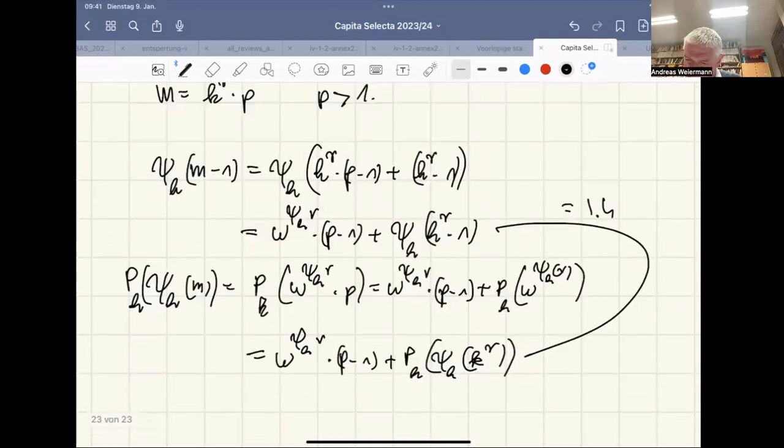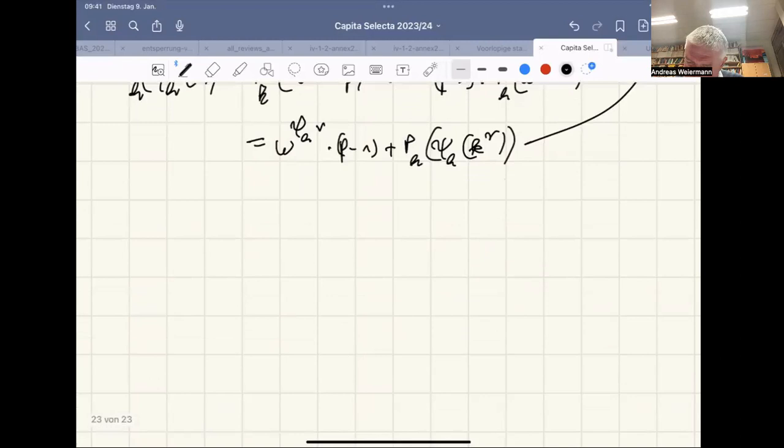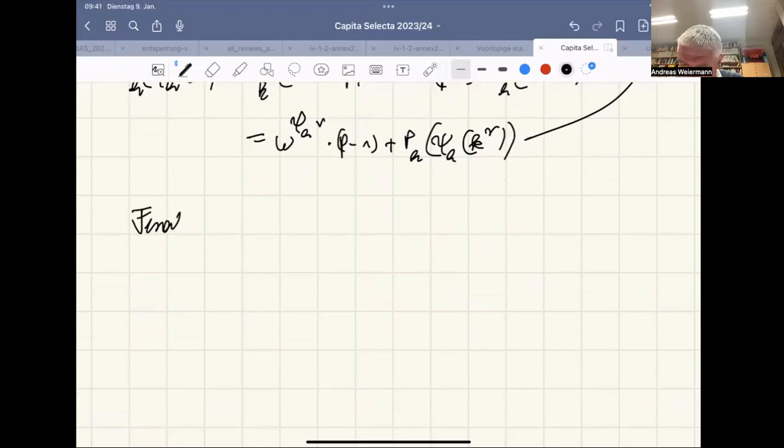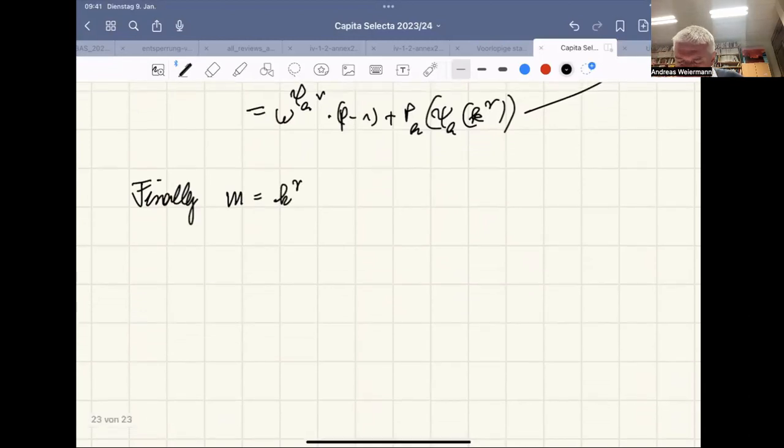Great. Now finally, assume m is k to the r. What is going to happen?